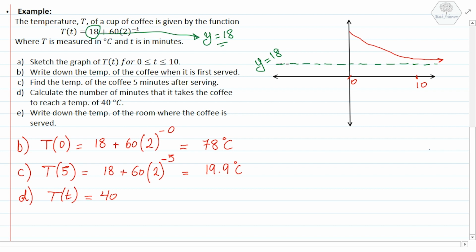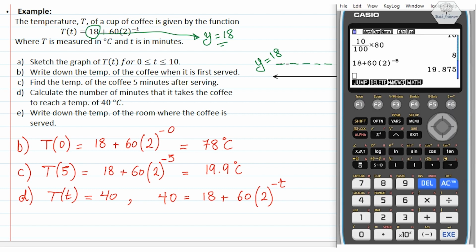So I have 40 is equal to 18 plus 60 times 2 to the power of negative t, with small t unknown. If I have an equation with one unknown, I can simply use the solver of the GDC to find the value of small t.